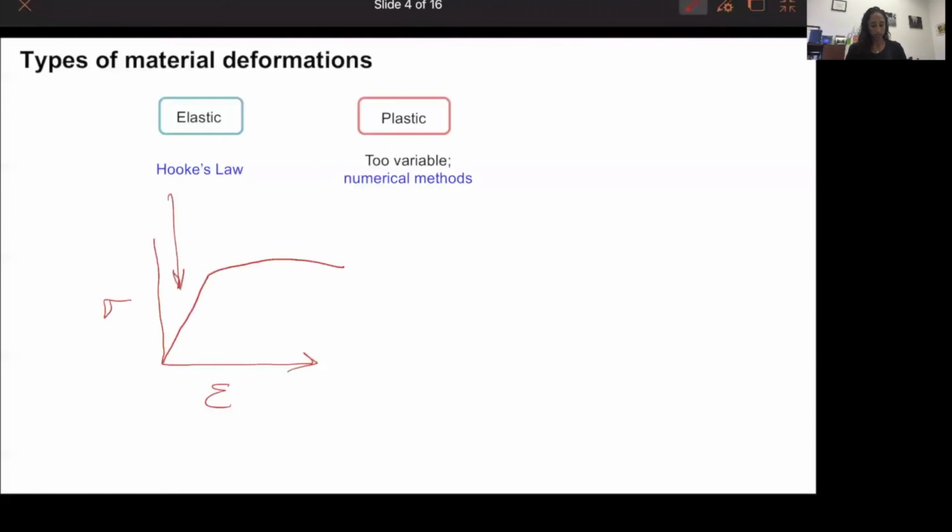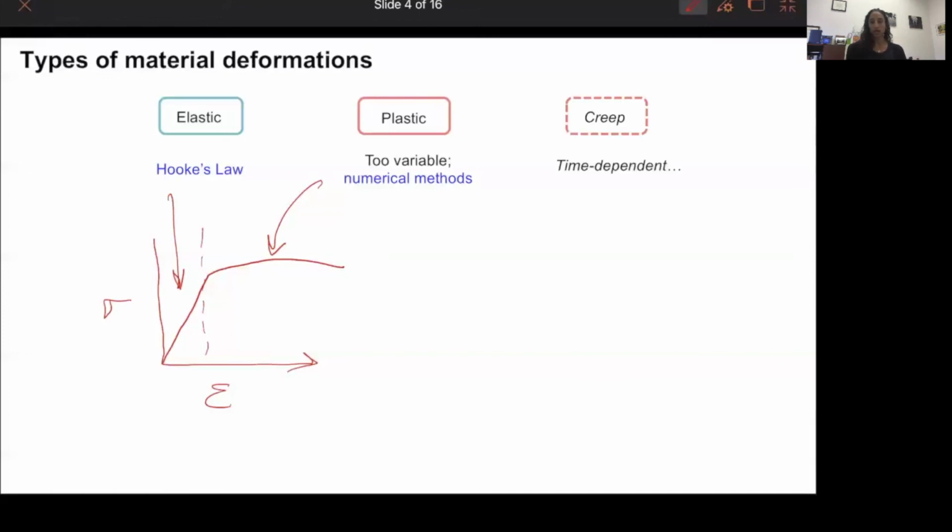So this response here, where everything is nice and linear, is linearly related. We can use Hooke's law. However, in this plastic deformation region, it's very difficult to use a nice simple mathematical equation to describe this response. And so we rely on numerical methods to describe this behavior.